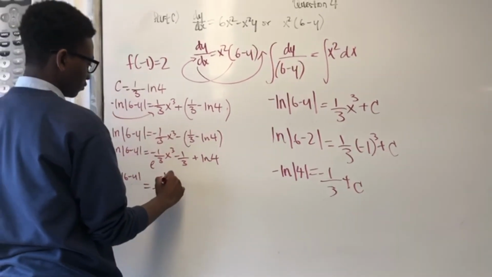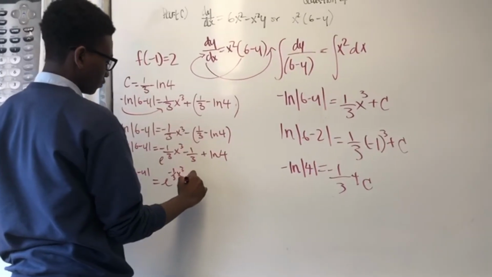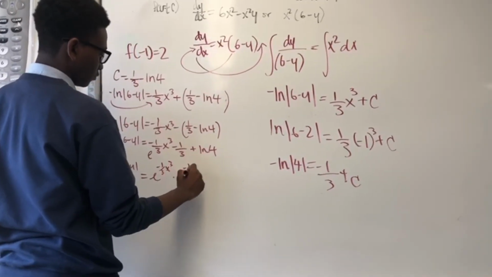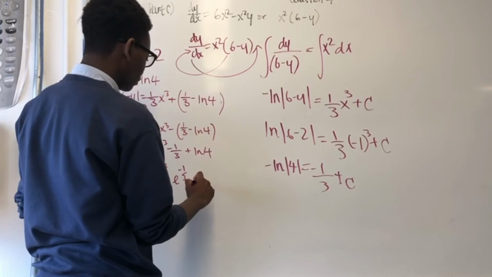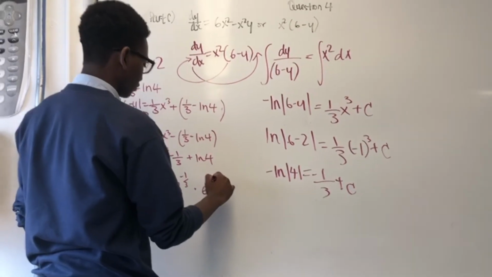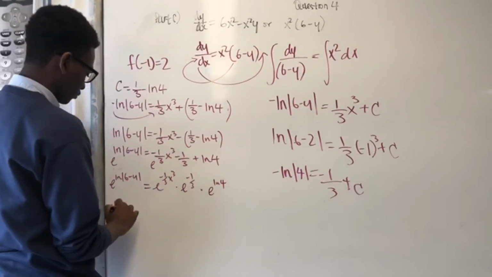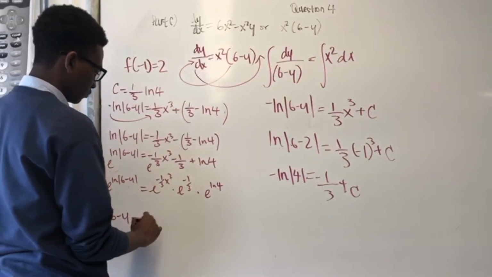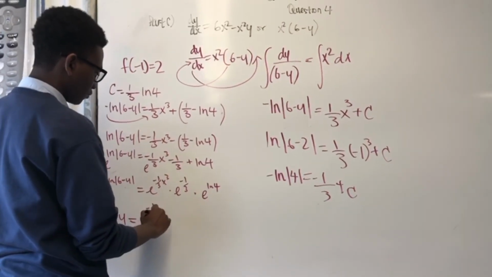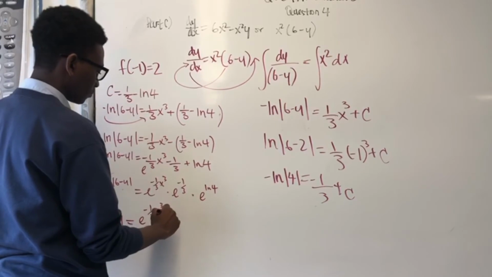On the right side, since when you raise something to an exponent you add the exponents, we now have e to the negative 1/3 x cubed times e to the negative 1/3 times e to the ln of 4.